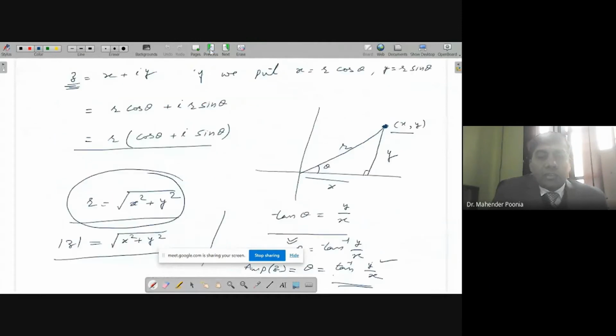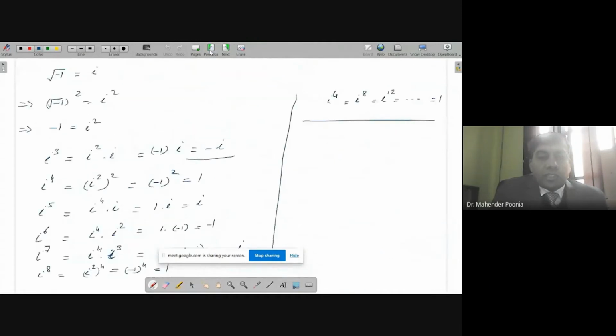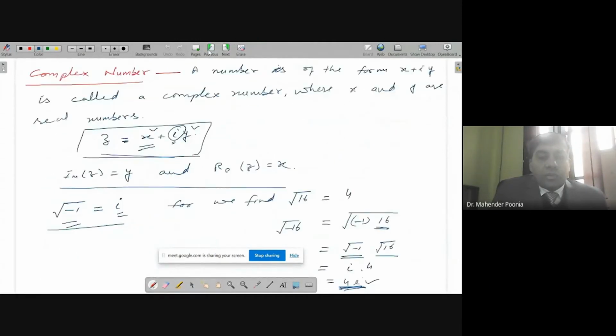So once again we go through the definitions which we discussed in the earlier class. A number of the form x plus iota y is called a complex number, where x and y are real numbers. We can write it as z is equal to x plus iota y.